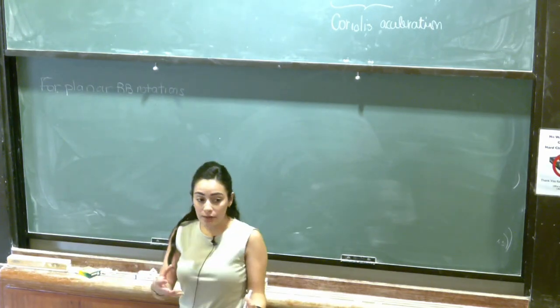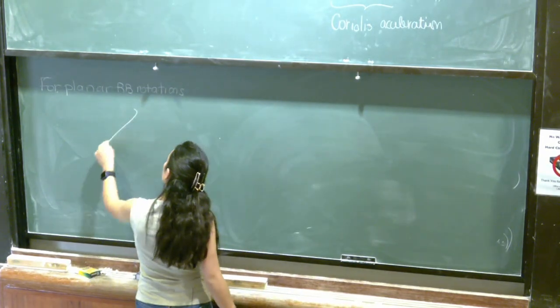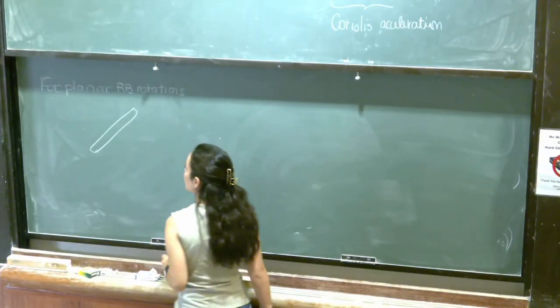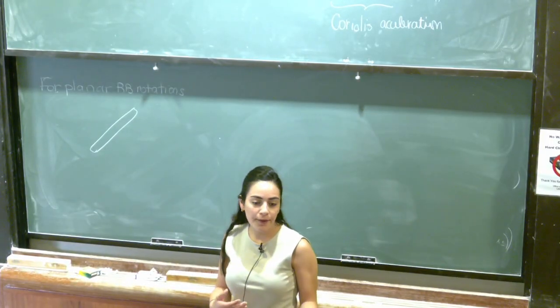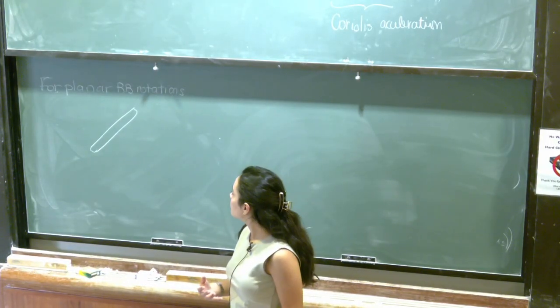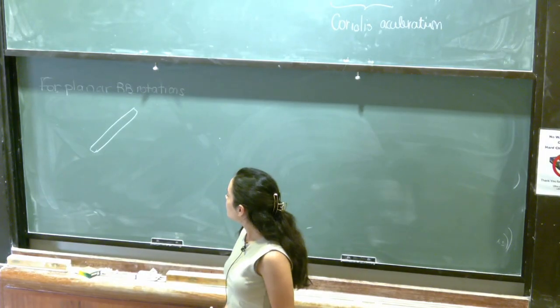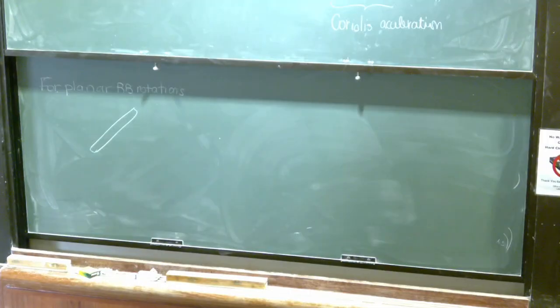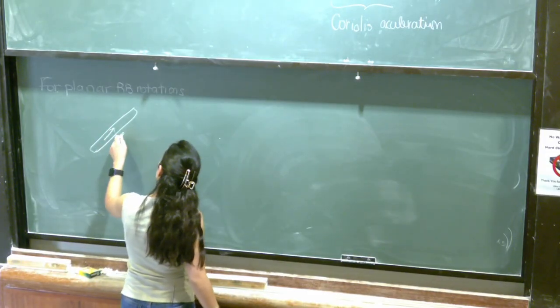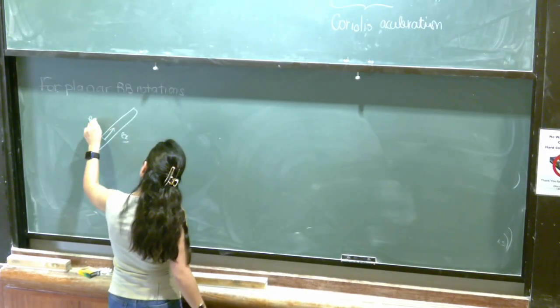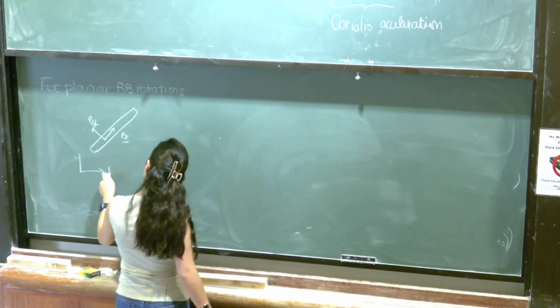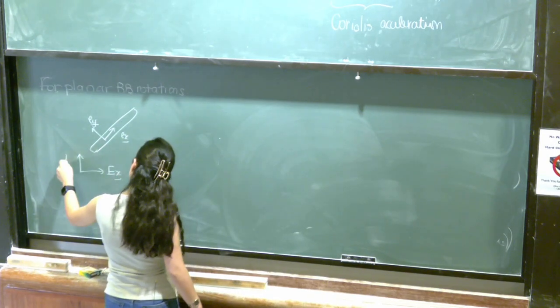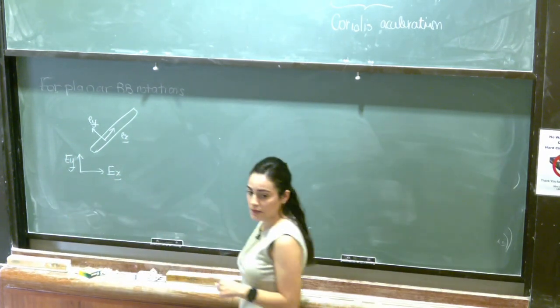So for planar rigid body rotation, say I have some bar, and I have some co-rotational bases attached to it, fixed bases.